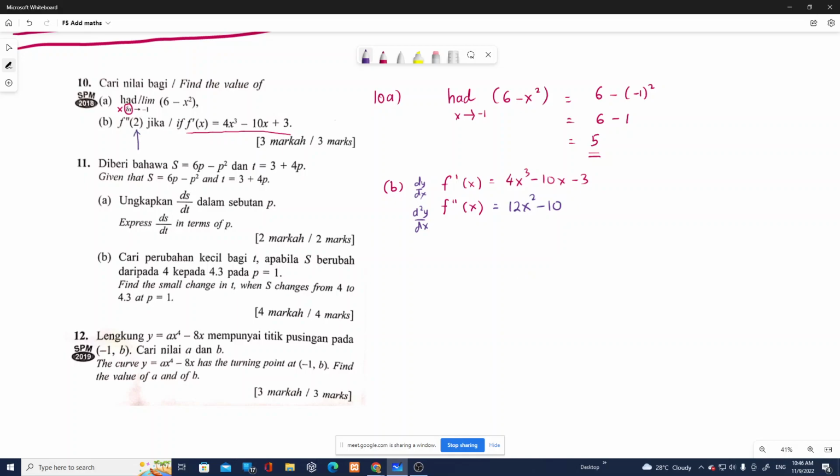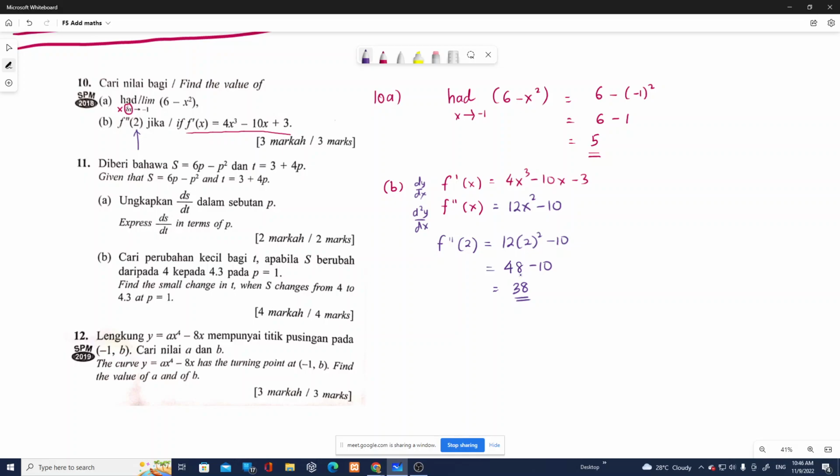So apa yang kita perlu buat ialah kita tulis sekali lagi F prime prime tapi gantikan X dengan 2. Yang sebelah kanan pun gantikan X dengan 2. Okey, nilaikan semua ini menjadi 12. 2 kuasa 2, 4. 4 darab 12, 48. Tolak 10. Jawapan kita 38. So, itu jawapan. Faiz, understand tak?